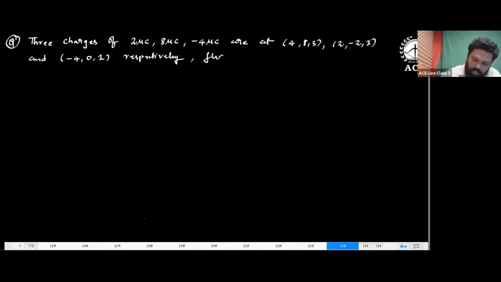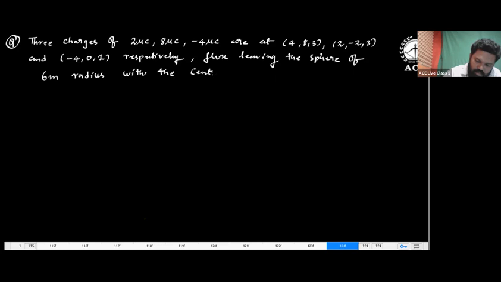Flux leaving the sphere of 6 meters radius with the center at origin is... yes, what is the answer?